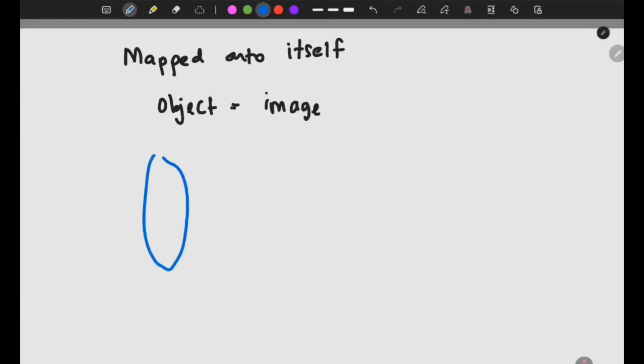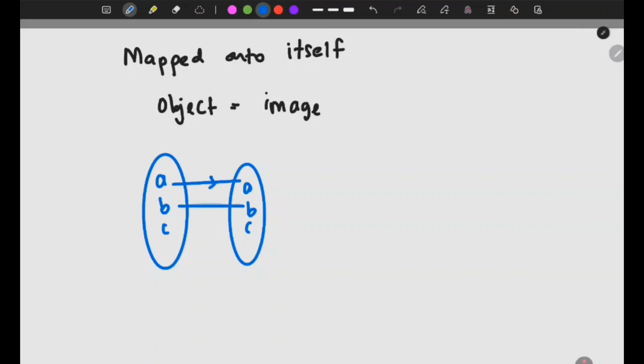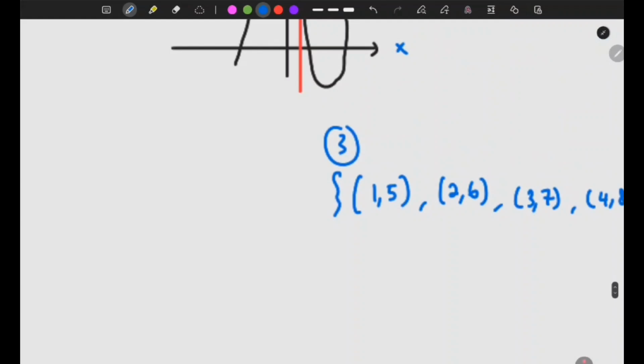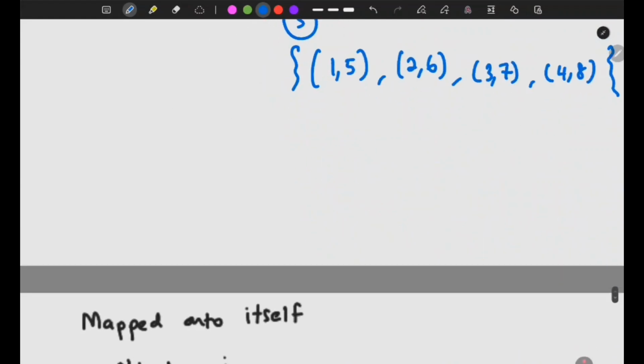No matter what, it will be the same. If A, B, C, so it's just getting the same outcome. It's just the same thing. That's why we say it's mapped onto itself.